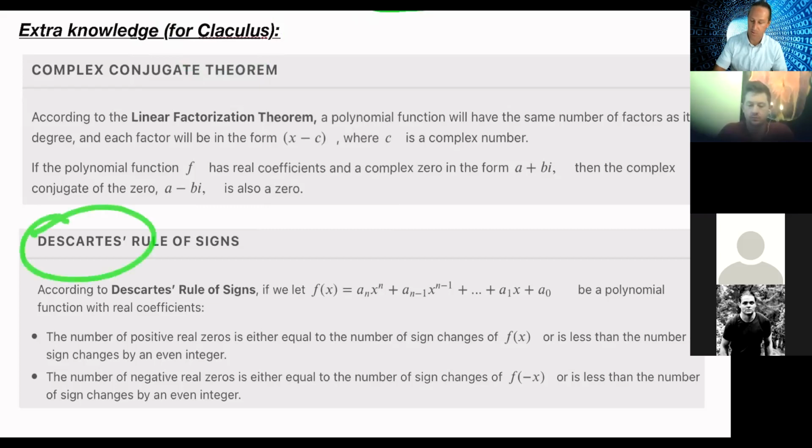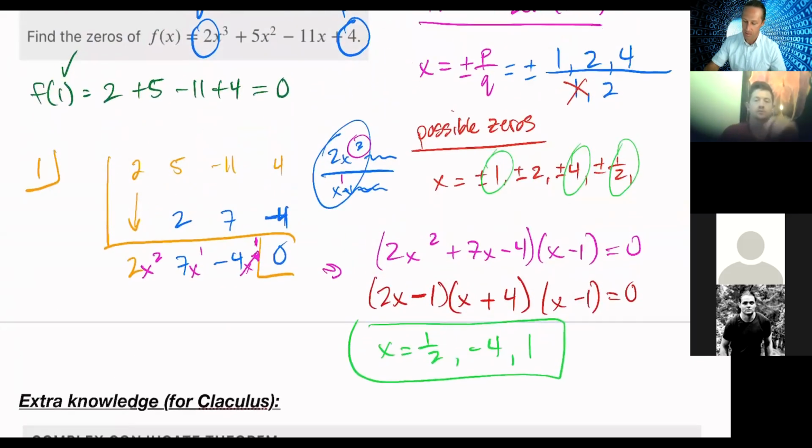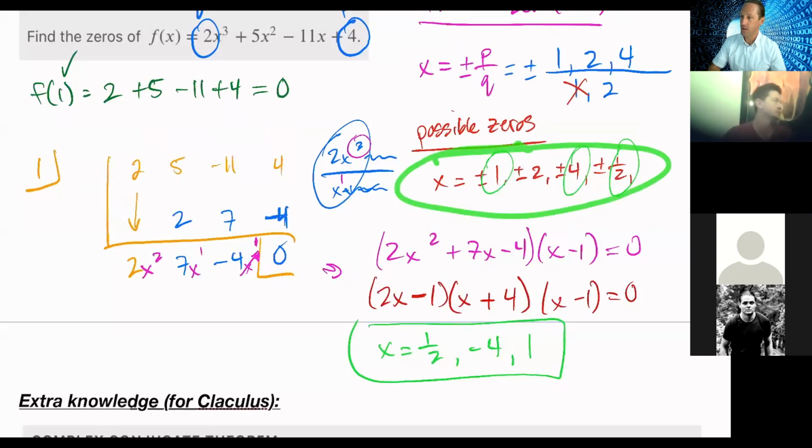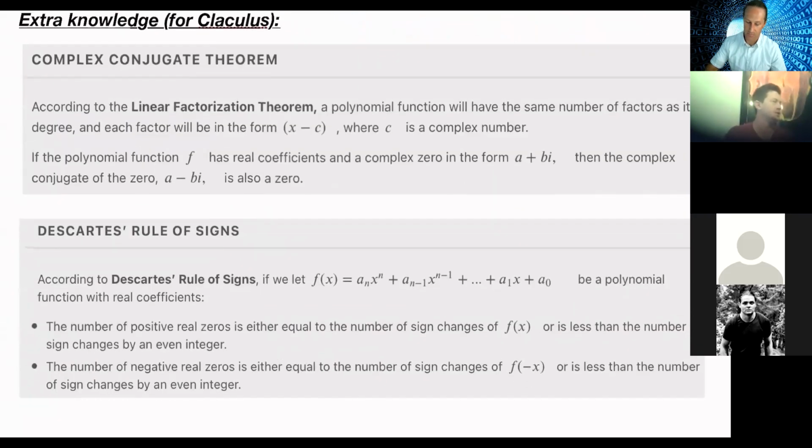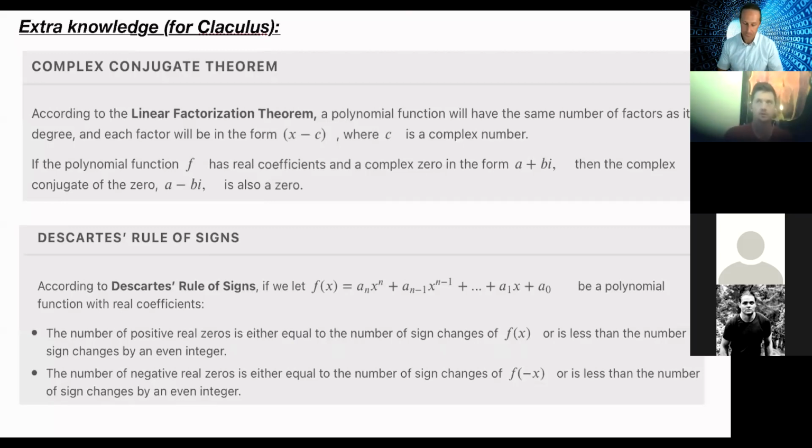All right. And then there's also this French dude by the name of René Descartes. And he came up with this really cool way to figure out how many possible positive versus negative zeros. Up here, we didn't know. We just knew that these were all the options. So you can use this in this class if you wanted to, but it's not necessary. He says that if you just look at the polynomial as is, and you look at how many times the signs change.